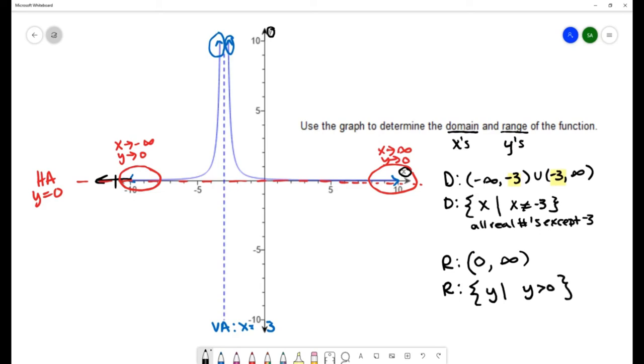So y such that y is greater than 0, so this is all real numbers that are greater than 0. So that's in our set builder notation. So we have the domain being all real numbers except for -3, and the range being all real numbers that are greater than 0.